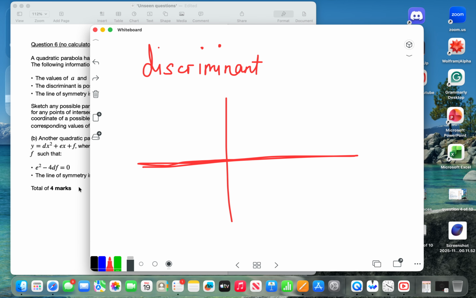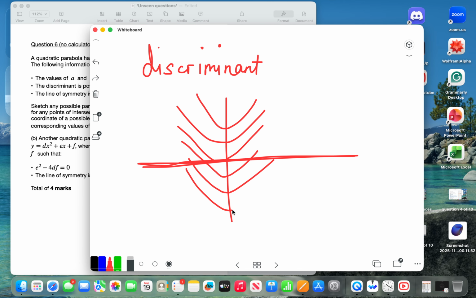The line of symmetry is x equals 0, so the turning point has to be on the line x equals 0. So we have to get the turning point such that x is 0. So all of these satisfy the second condition.